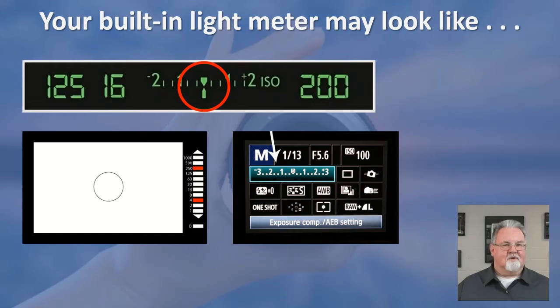The one on the bottom moves around as you are adjusting your camera. The idea is you want to make camera adjustments until that little needle or arrow on the bottom lines up perfectly with the one on the top. Then when you take the photo, you will get a good exposure, a correct exposure. It won't be too light and it won't be too dark. Okay?